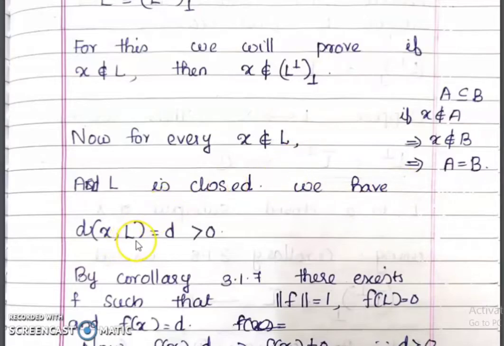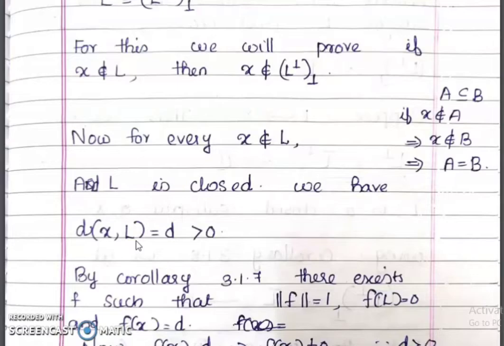The distance between x and L, equal to D, must be greater than 0. What is the distance between x and L? The distance between x and L is the infimum of norm of x minus y, where y belongs to L. If this infimum exists, that value is called the distance between x and L. We know that L is a closed subspace.